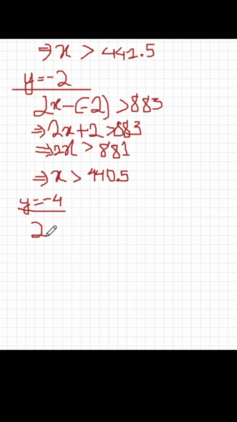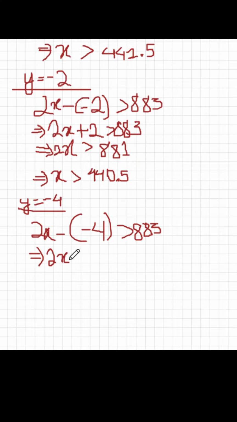For this we have 2x minus -4 is greater than 883. So that will be 2x plus 4 is greater than 883.